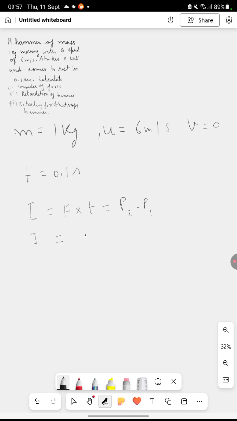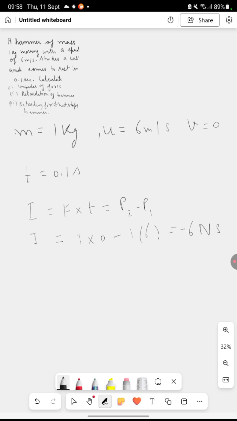So impulse is equal to final momentum mv minus initial momentum mu. Here m is 1 kg and v is 0, minus m 1 kg and u 6. So impulse is minus 6 Newton second.